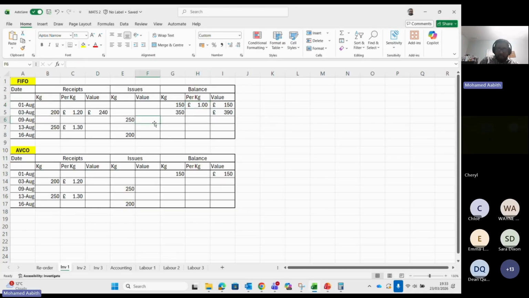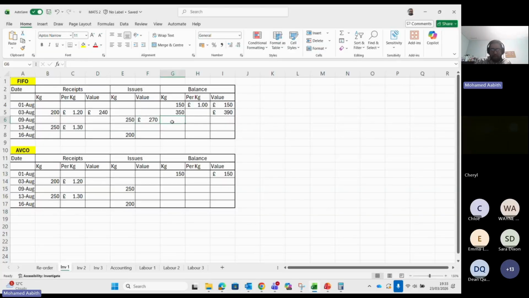So the calculation will go this way. It's going to be the whole of that value plus 100 kilograms times the £1 20. What is that going to be? 100 times 1.20 is 120 pounds, plus the 150 pounds, giving me 270 pounds there. So this is the value of the stock issued.